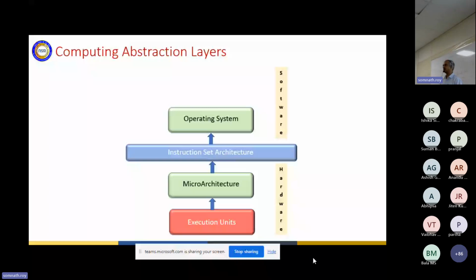Then comes the operating system as the next layer. On top of that, your application program. So typically, you have hardware and software. The hardware, as we see, is the motherboard that you saw, and the OS loads on it from the hard disk, and then you run the application program. That is the model that you already know. Now at every level, there is some kind of parallelism that you see.